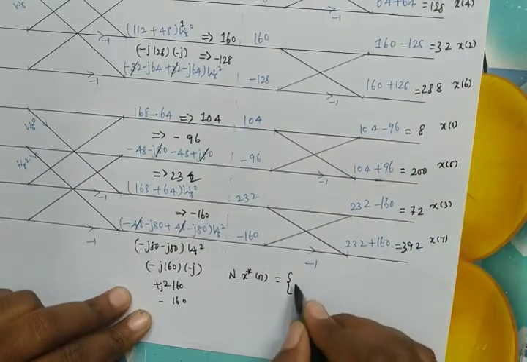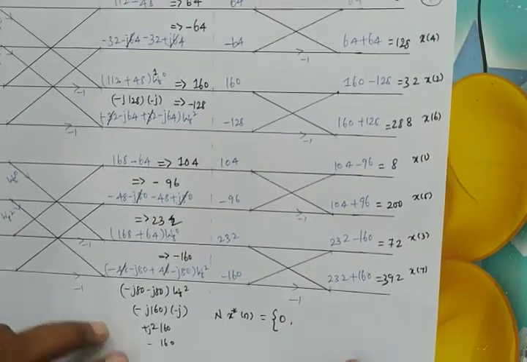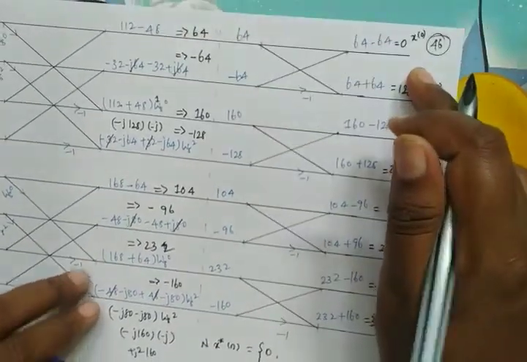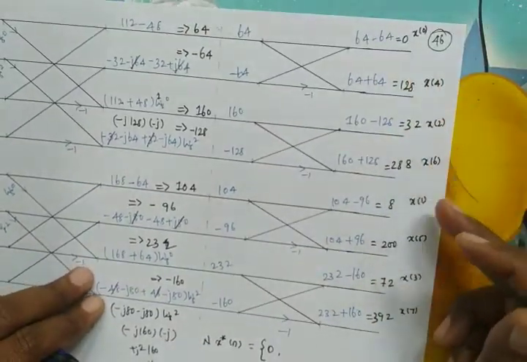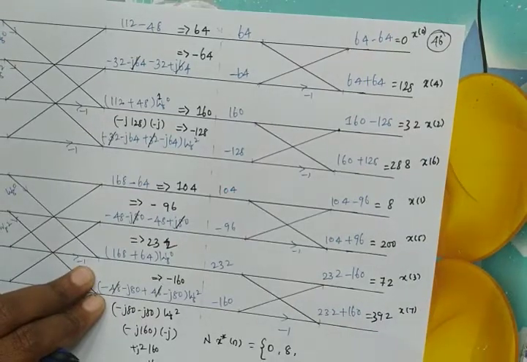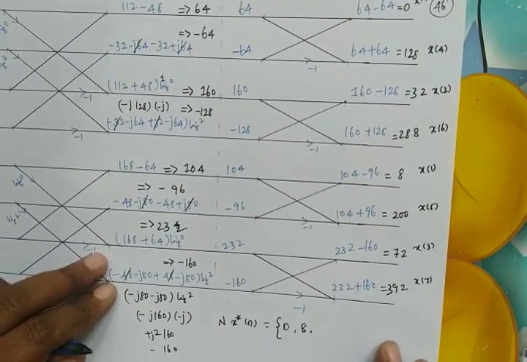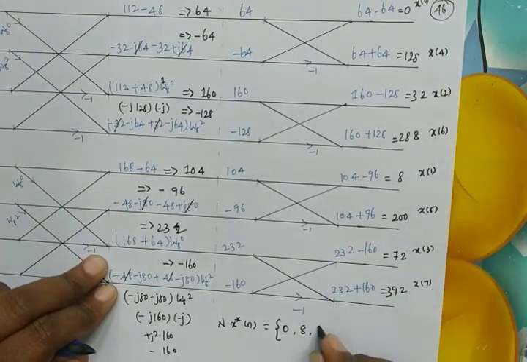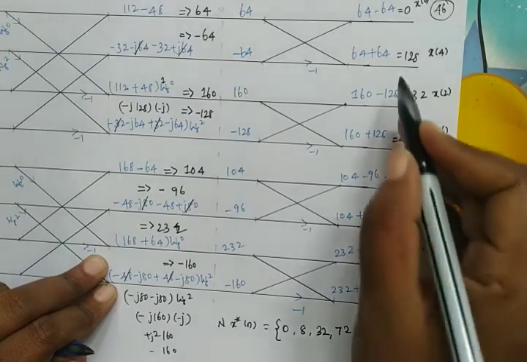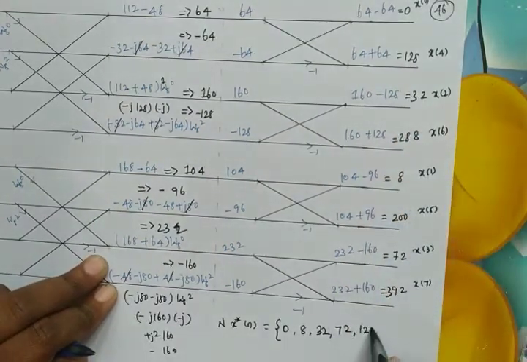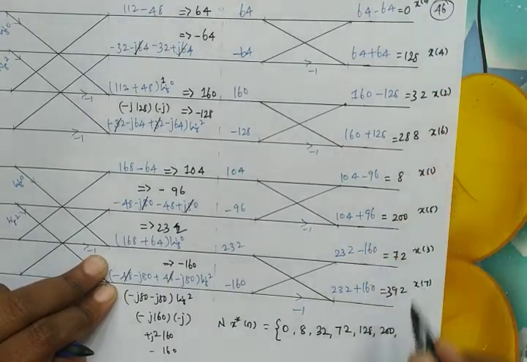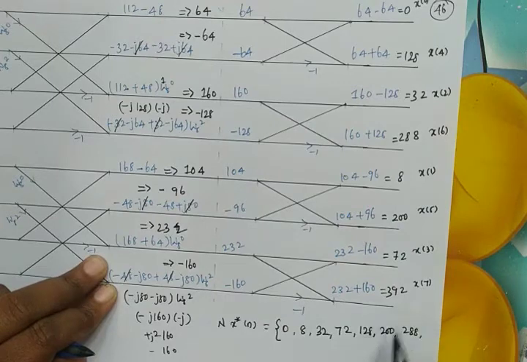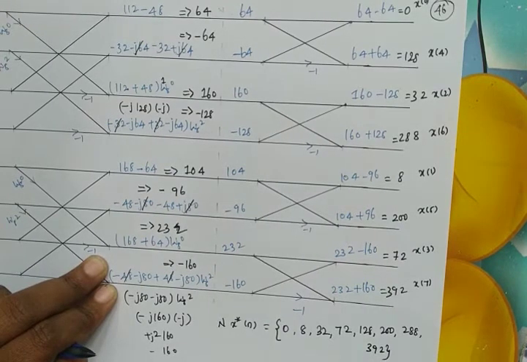X of 0 is 0, then x of 1 is 8, then x of 2 will be 32, x of 3 is 72, x of 4 is 128, x of 5 is 200, x of 6 is 288, and x of 7 is 392.